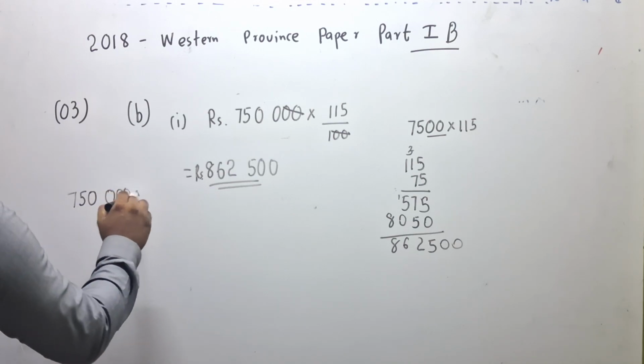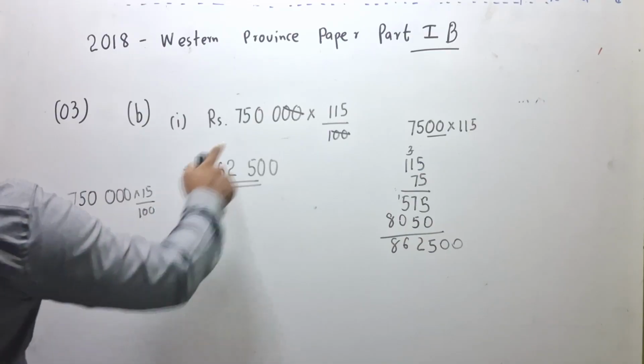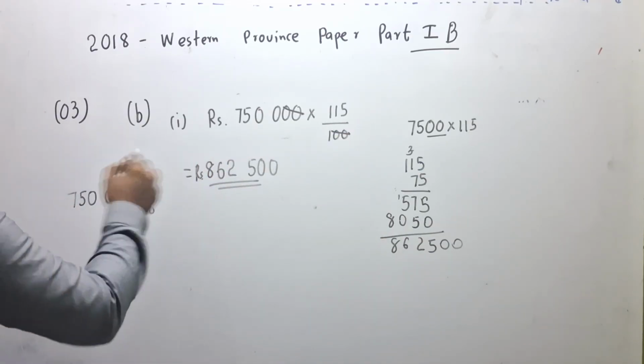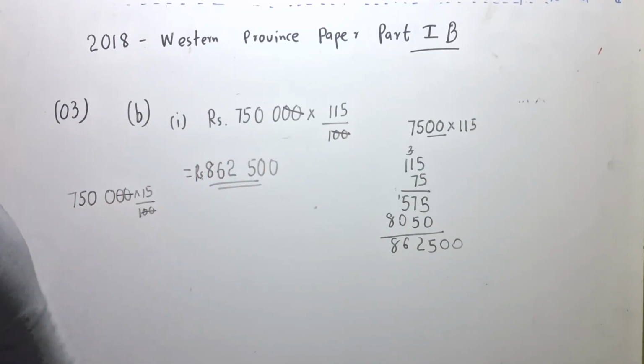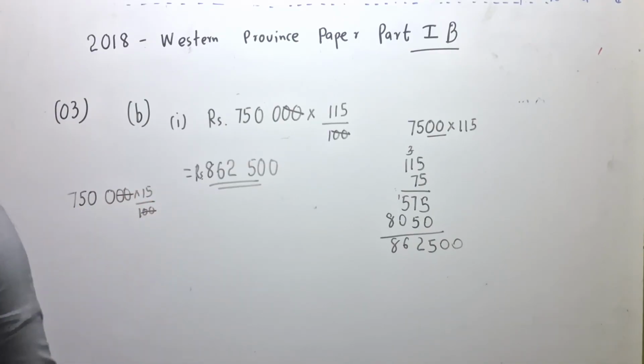If you can't understand that method, you multiply 750,000 by 15% and take the value and add it to 750,000 again. That's the second method. Cut 2 zeros with 2 zeros. Now you have to multiply 7,500 just by 15.